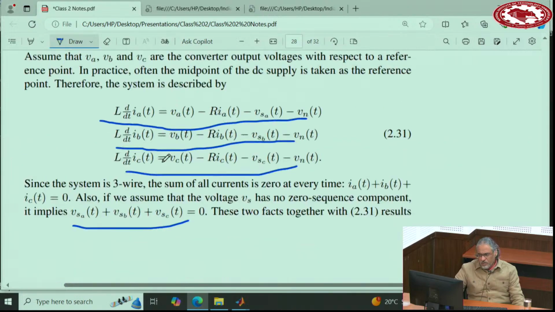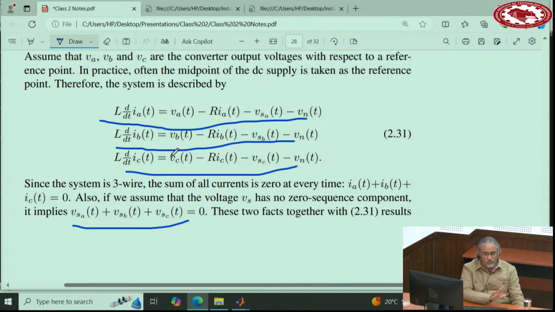So now if you add all these 3 equations together, and then IA plus IB plus IC is 0, VSA plus VSB plus VSC is 0, VA, VB, VC are the voltages that you generate by the converter using the modulation. Assume that you generate them properly such that VA plus VB plus VC is 0.